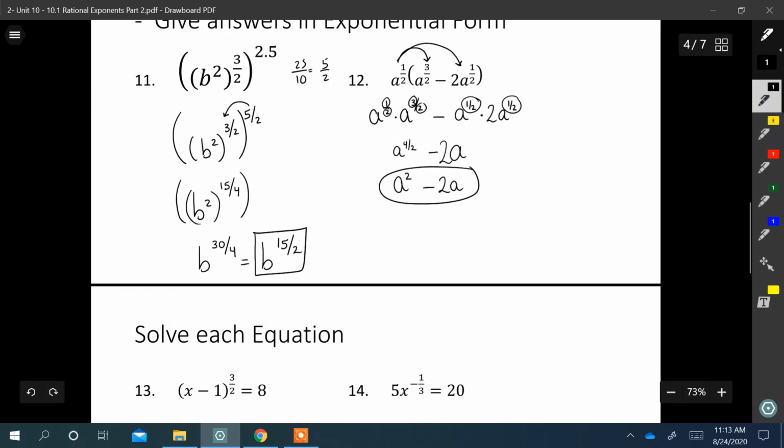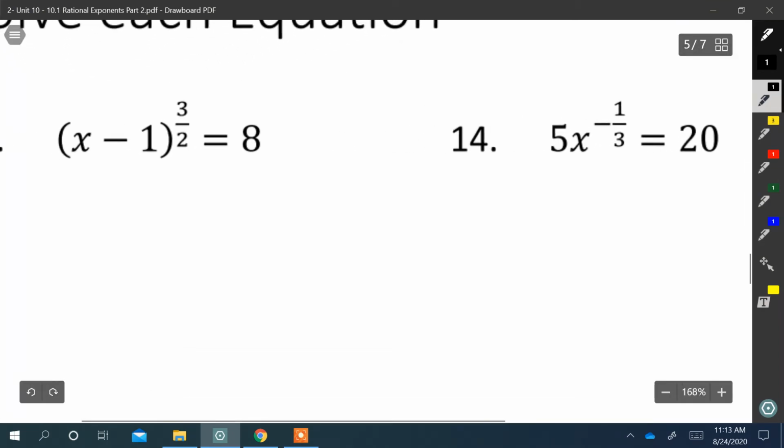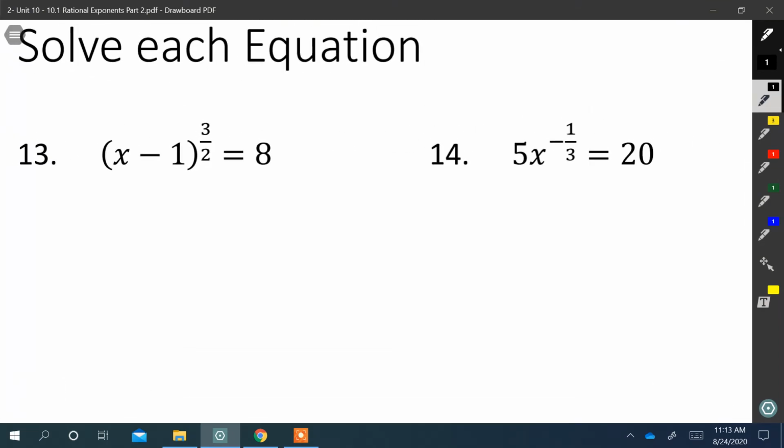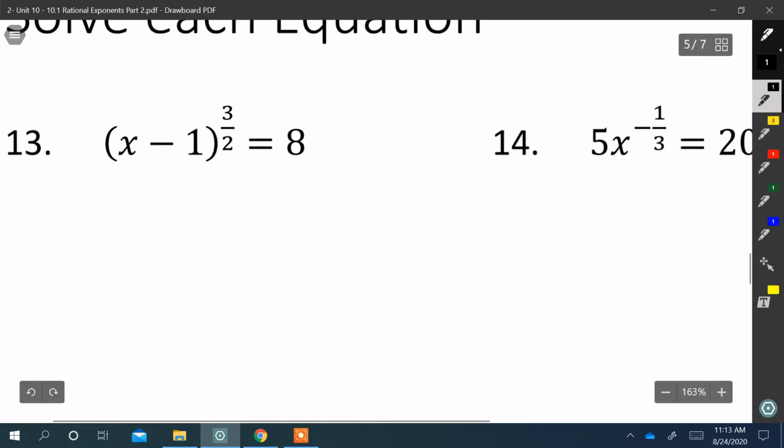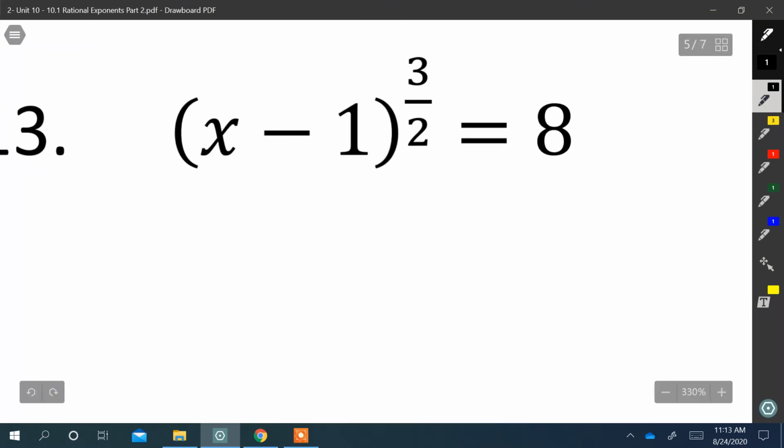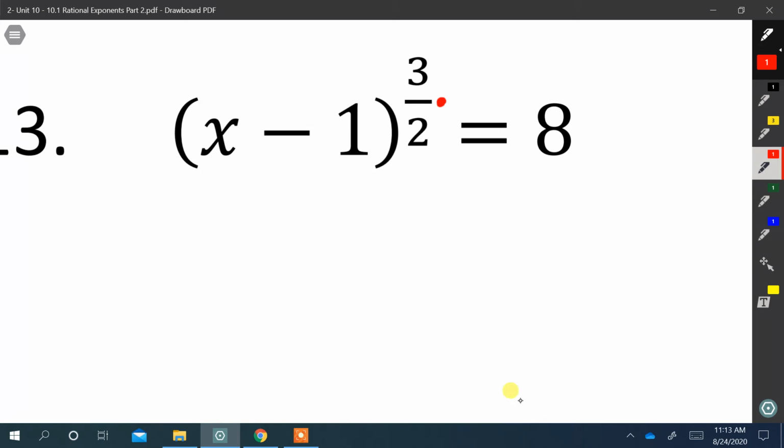Alright, let's move on to the next one here. Now we're going to be solving equations in here. So to solve an equation like this one here, definitely pay attention at this one, because this one is pretty complicated if you don't understand it. But it's actually not that complicated. What we have to do is multiply times the reciprocal of this exponential fraction right here.